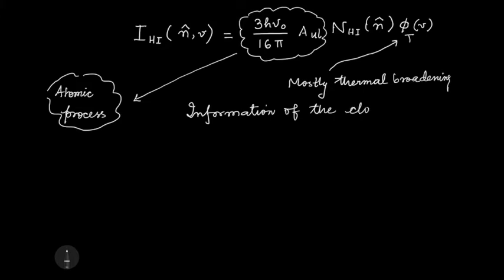So information of the cloud in I H1, actually there is more, at least let us count. One is the column density. It's directly proportional to the column density.